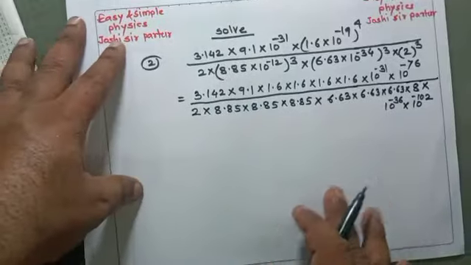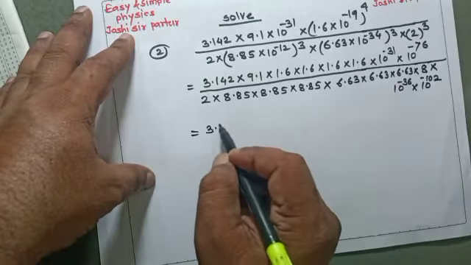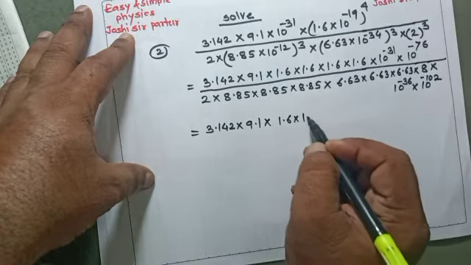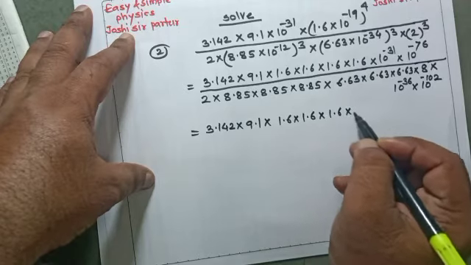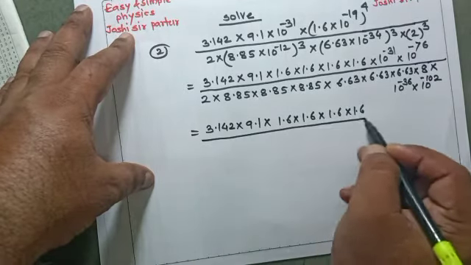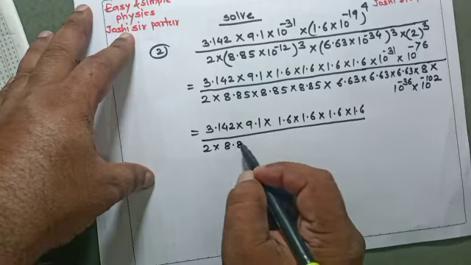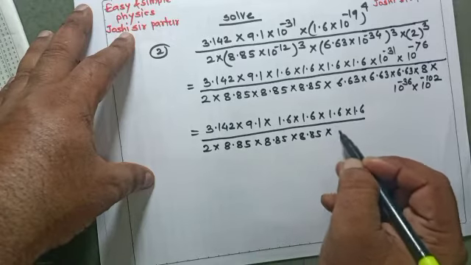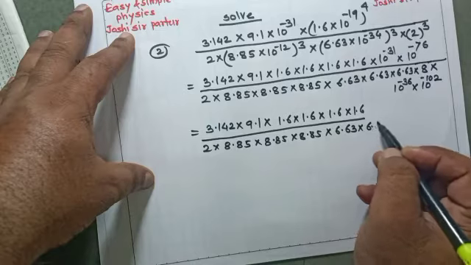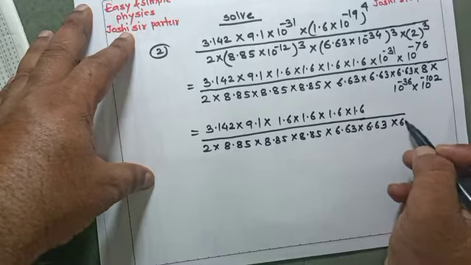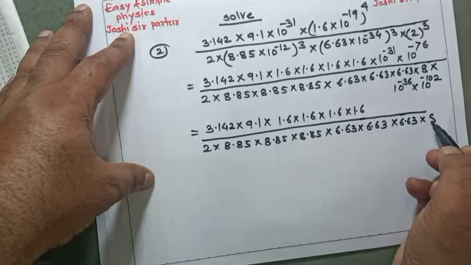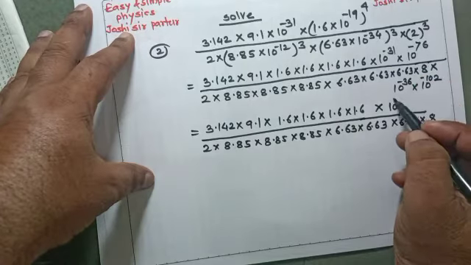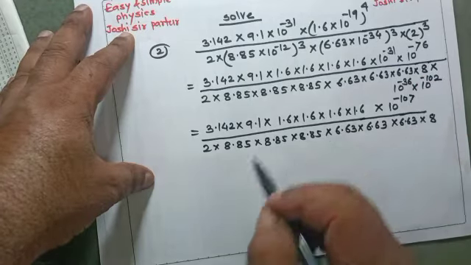If we add, it is 3.142 multiplied by 9.1 multiplied by 1.6 multiplied by 1.6 multiplied by 1.6 multiplied by 1.6, divided by 2 multiplied by 8.85 multiplied by 8.85 multiplied by 8.85 multiplied by 6.63 into 6.63 into 6.63 into 8, multiplied by 10 to the power 177 and 3 minus 107.